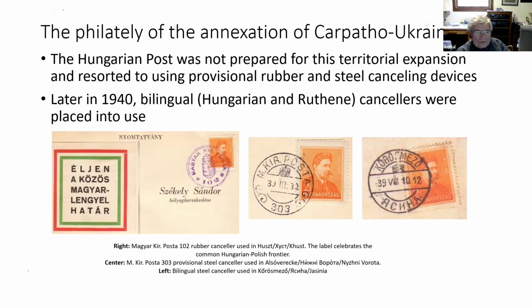And here are some examples. The stamp dealers of Budapest were always eager to get examples for collectors. Here's the rubber 102 cancel that was used in Hust. The 303 steel die cancel was used in Alsó-Verecke, and then eventually, the bilingual Hungarian routine in Körösmező.